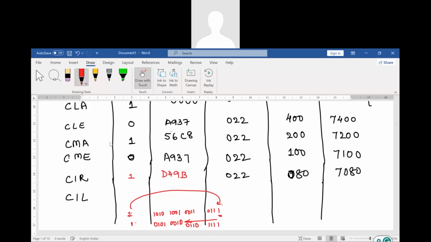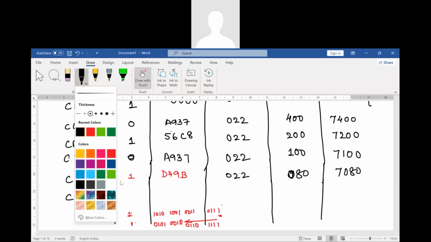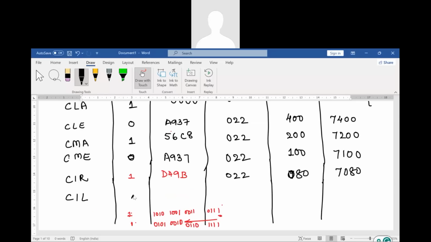That was from E. So now my value after circular shift left would be: E is 1. This is 0101, which is 5. 0010 is 2. 0110 is 6 and 1111 is F.